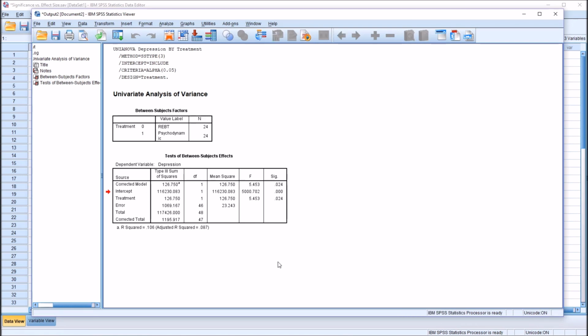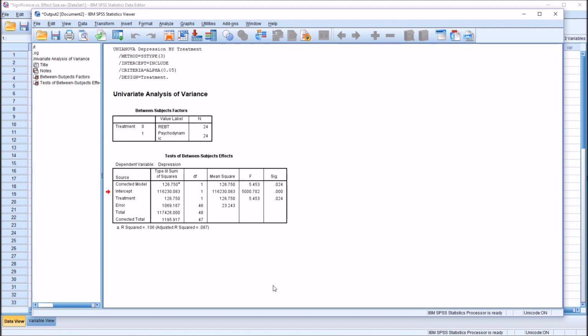Now, oftentimes when we use a one-way ANOVA or other inferential statistics, we're trying to determine whether we can fail to reject or reject the null hypothesis that we're testing. So if the null hypothesis in this case were that the two groups were equal, that would be the null hypothesis.